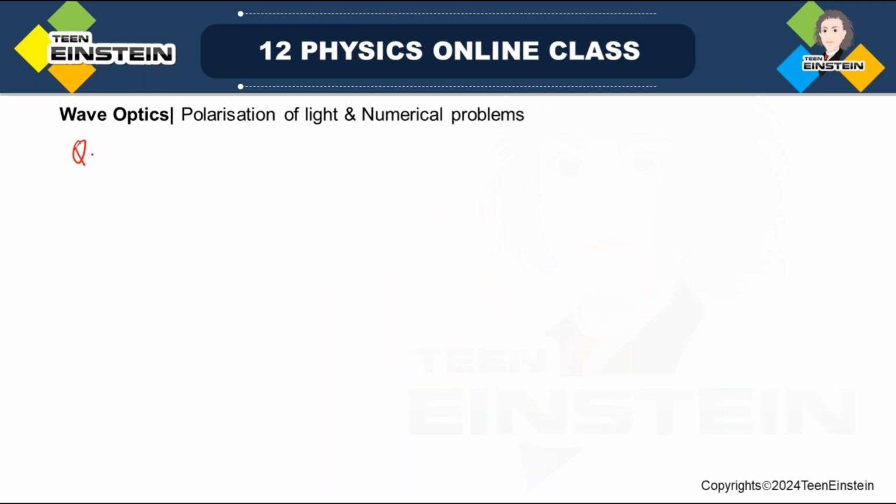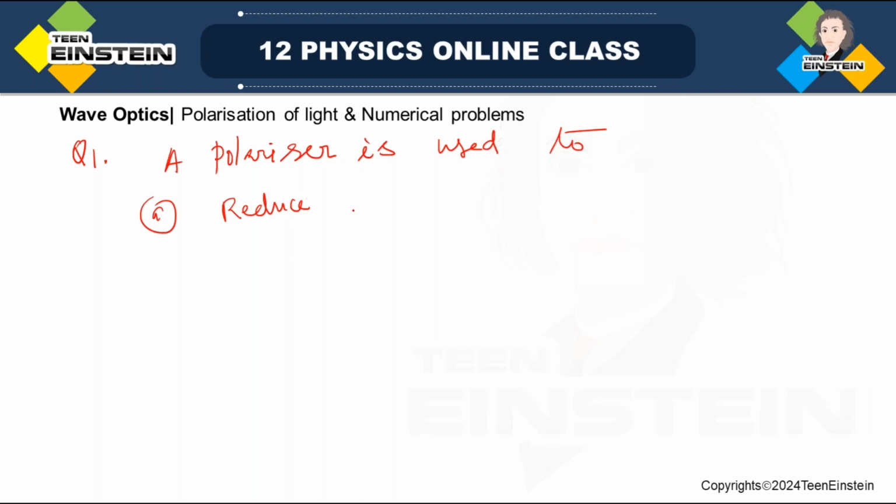Question number 1, this is an analytical question. A polarizer is used to, options are: option A, reduce intensity of light. Option B, produce polarized light.